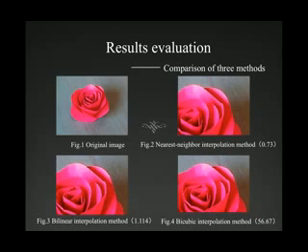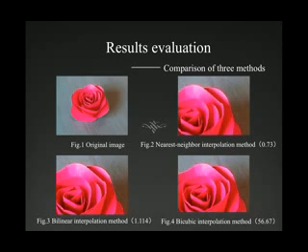I compare the three magnified images. We can find that the performance of figure 2 is the worst, and the performance of figure 4 is the best. And the performance of the figure 3 is in the middle.